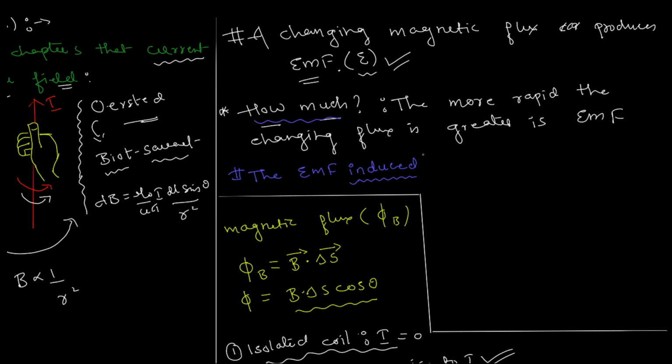Anyway, the EMF induced in a coil is directly proportional to the rate of change of magnetic flux.